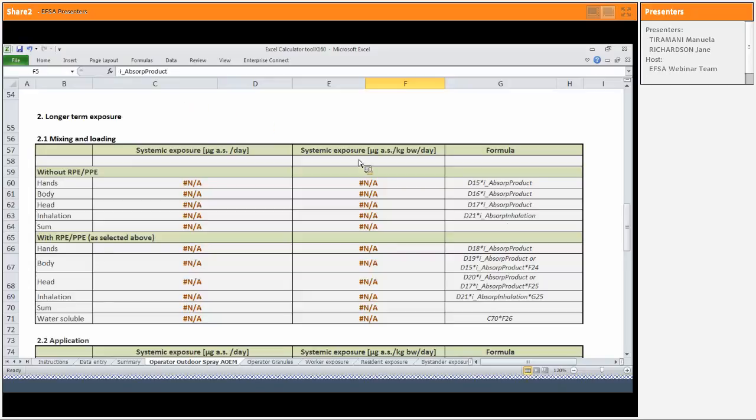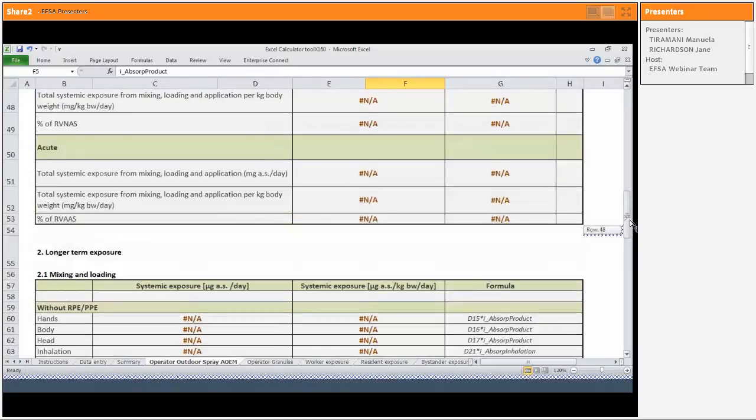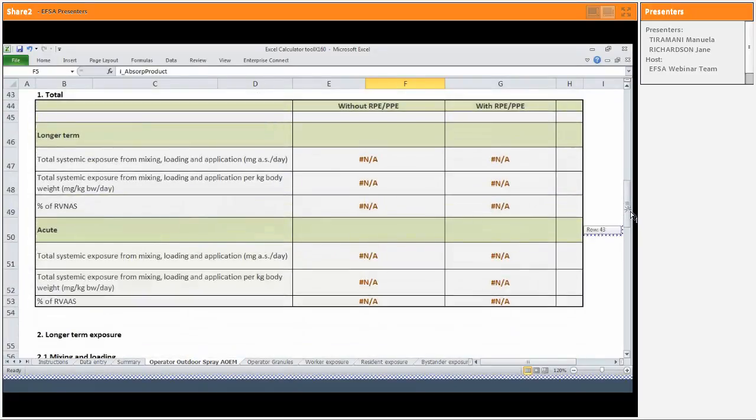So that's a simple way to understand which variables are being combined to perform the exposure assessment. And then you will also find a summary of the exposure assessment here, considering the percentage of the AOEL, whether we have an exceedance or not. The worker... maybe. Yeah, please go ahead.